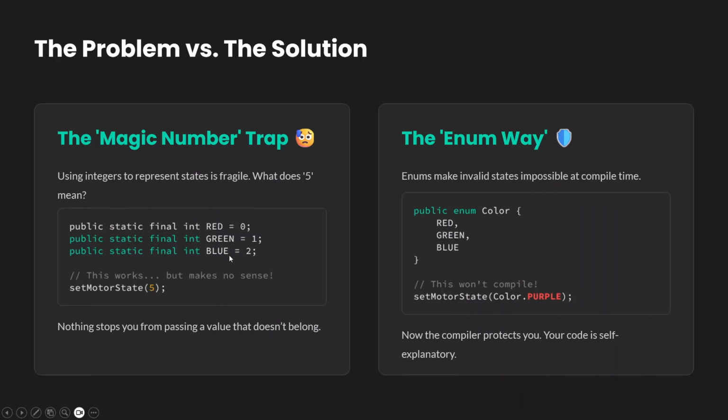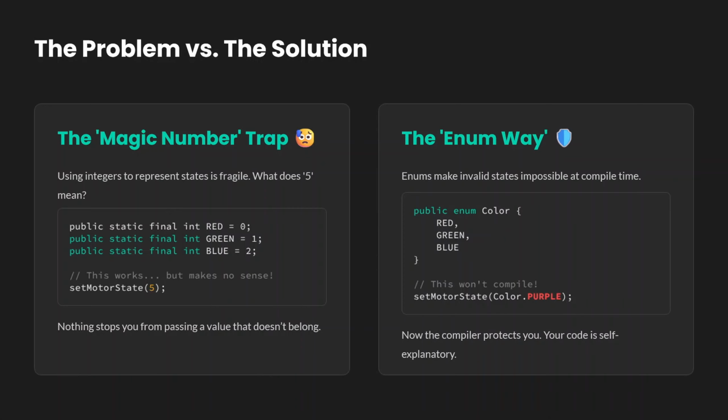You can say set motor state to red, green, or blue, but nothing stops someone else from changing it to a different number. And you wouldn't really notice until the robot starts to do something weird. At that point, it's kind of too late, especially once you've started deploying it.